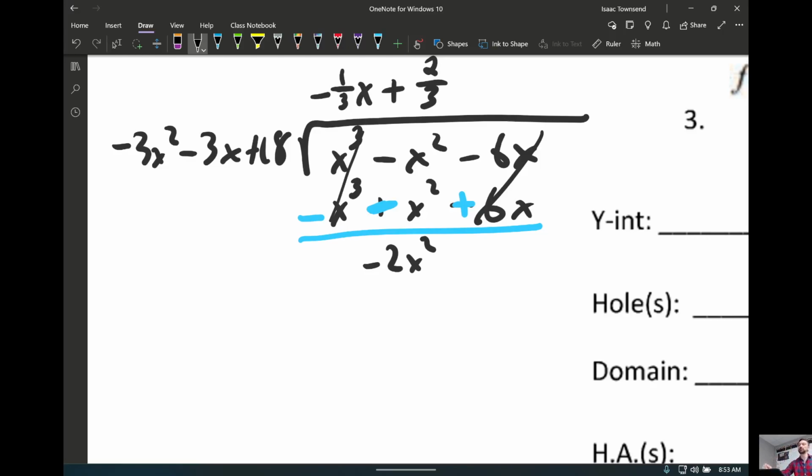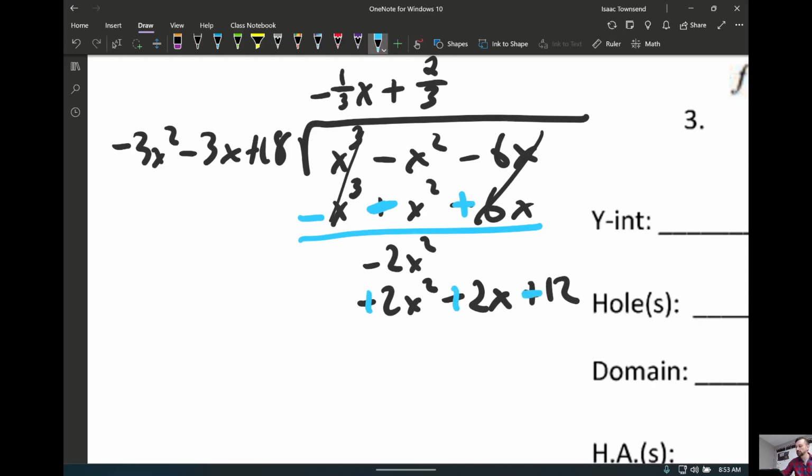Again, most of the time you don't even really have to do fractions, but okay, so now I'm going to multiply this by this, which is going to give me this part, of course. Multiply it by this. Positive times a negative is negative. 2/3 times 3 would be 2 times x, and 2/3 times 18 is like 18 divided by 3, which would be 6, but times 2, which is 12.